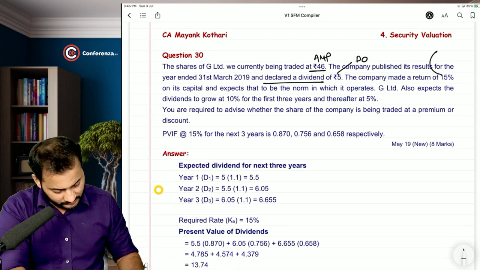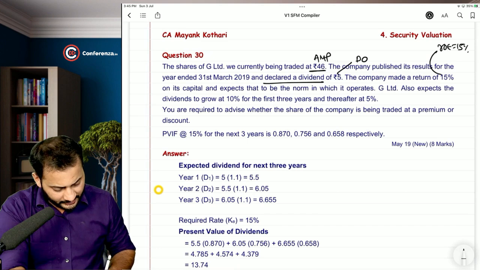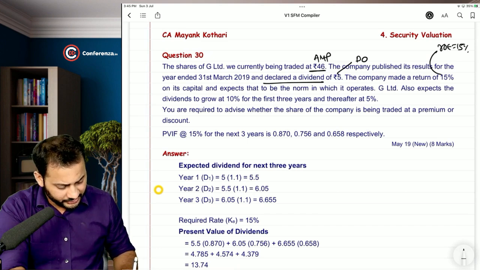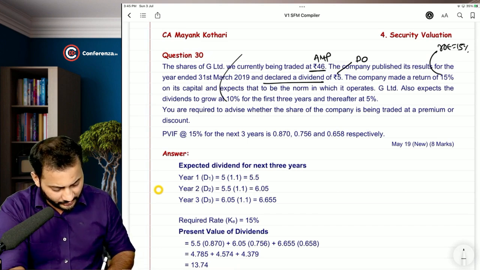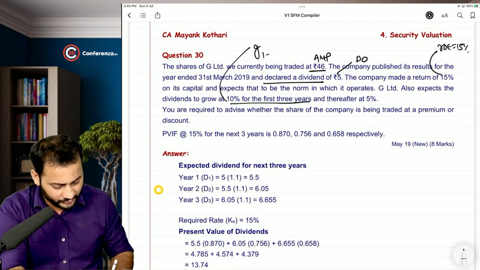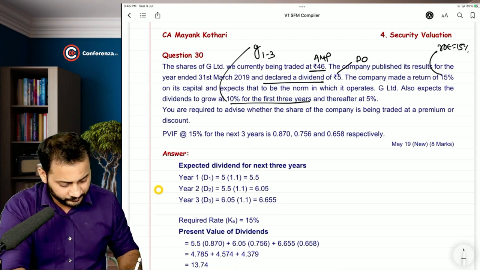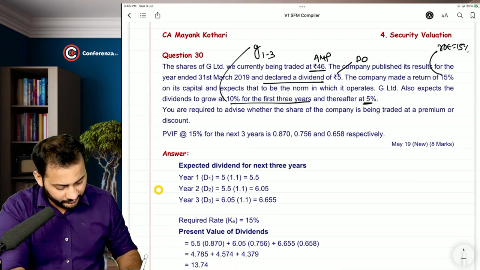Return ROE 15% on its capital, and expects that to be the norm in which it operates. Also expects the dividend to grow at 10% for the first 3 years. So the growth rate of years 1 to 3 is 10% and perpetually it will be 5%. So the growth rate from 4th year onwards is 5%.